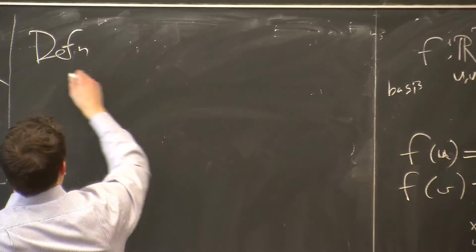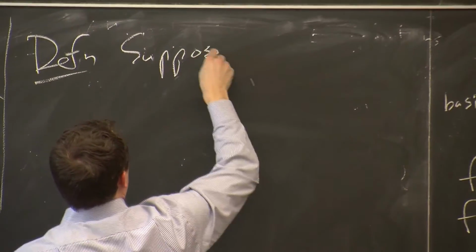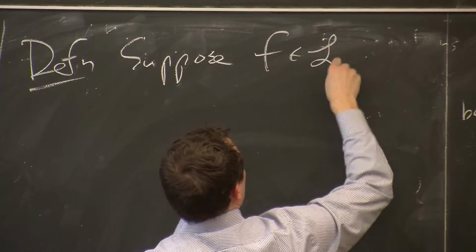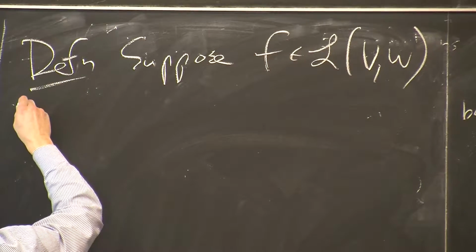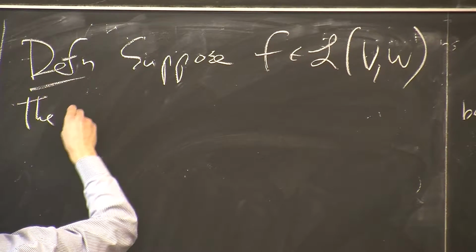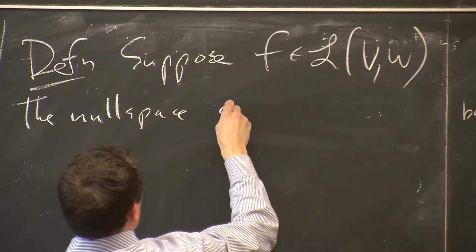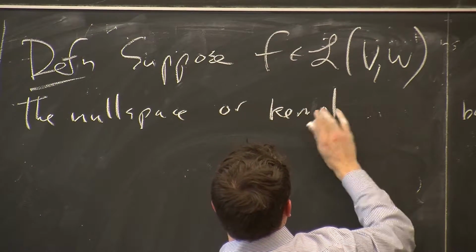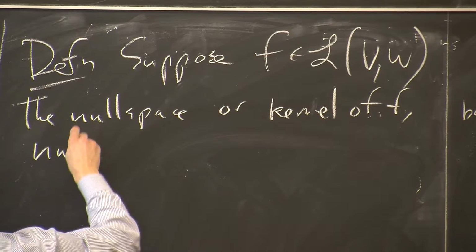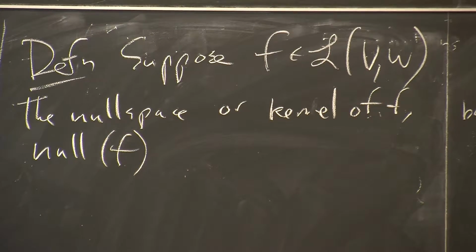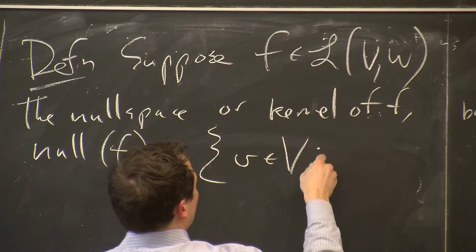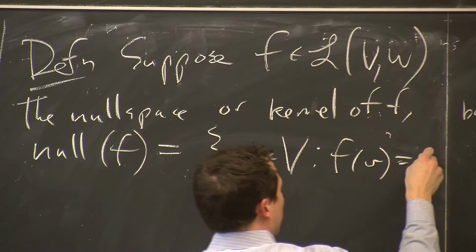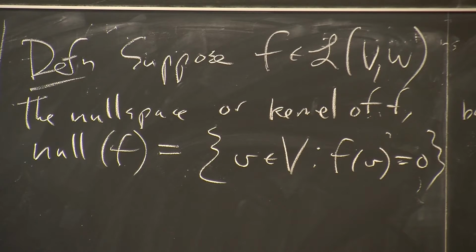Definition: suppose I have a linear transformation f from a vector space V to a vector space W. The null space, or kernel, denoted null of f, or kernel of f, is just the set of all vectors in V that f sends to 0.